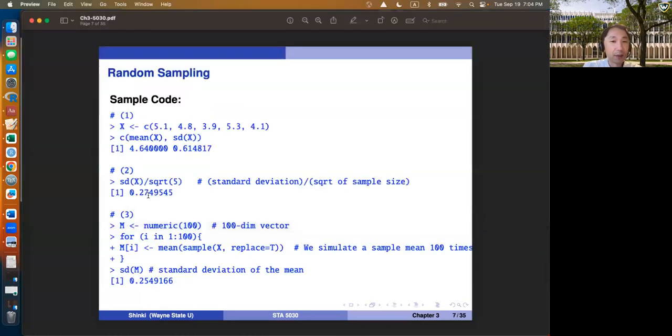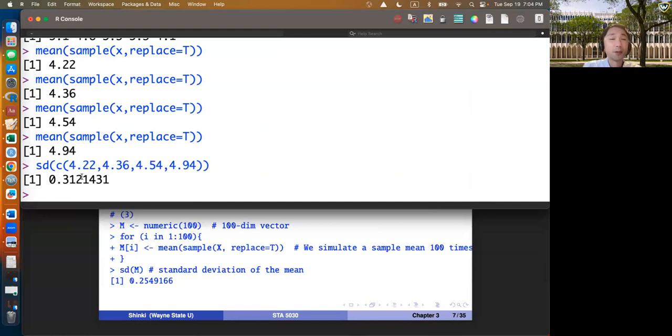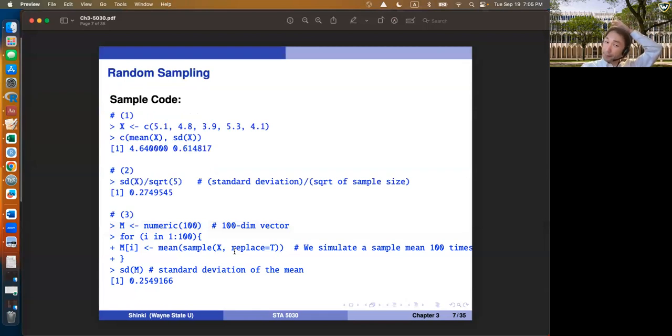The true answer is 0.274, so 0.312 is not too far away from that. Yeah, so this is what we did, but for 100 simulations, not 4 simulations. Any questions?